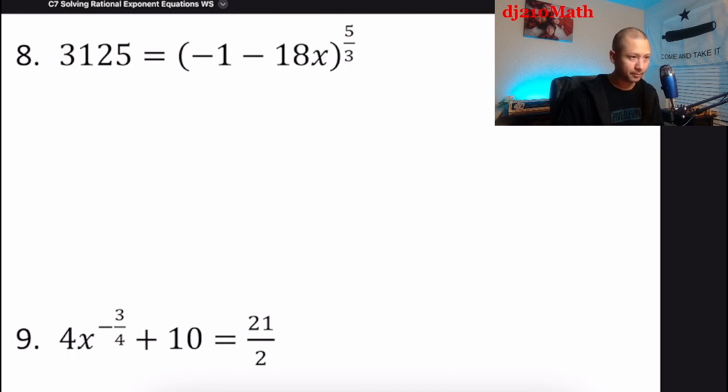All right, number 8. So here, step 1, 1/5 power. Notice, if you didn't do the 1/5 power, and let's say you wanted to cube both sides first, look what's going to happen to the left-hand side.